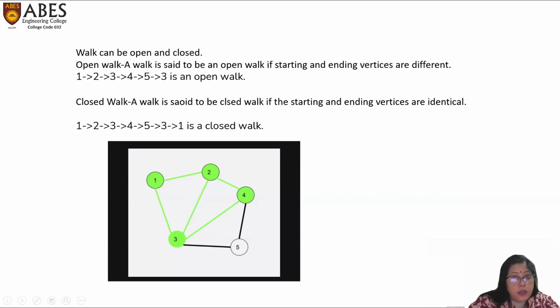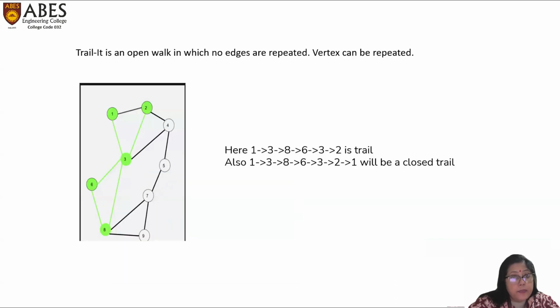Now we move over to another concept and terminology for the graph, that is trail. A trail is an open walk in which no edges are repeated. Vertices can be repeated but edges are not repeated.